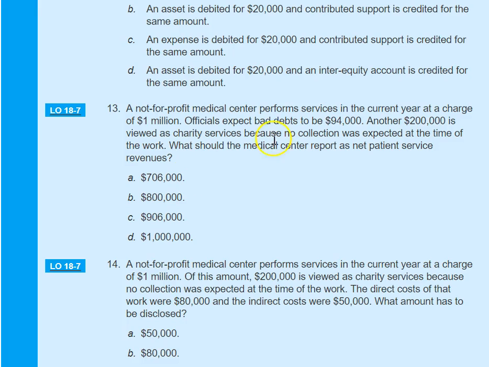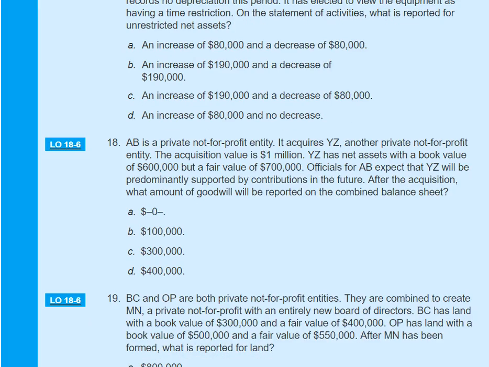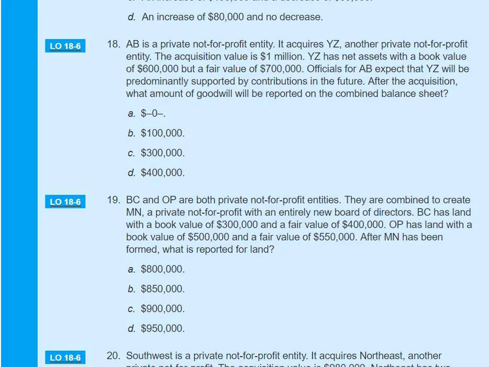Now we're going to see some more examples, and those have some numbers in them so that I can explain the calculations part. So let's do number 18. It says AB is a private not-for-profit entity. It acquires YZ. Now these next couple of problems are talking about merger and acquisition, and what we actually discussed if you check page number 833.